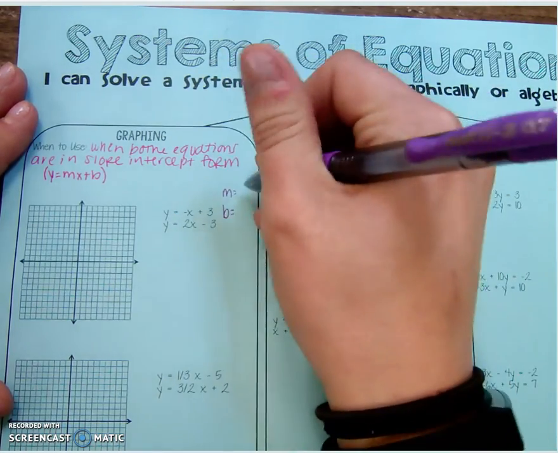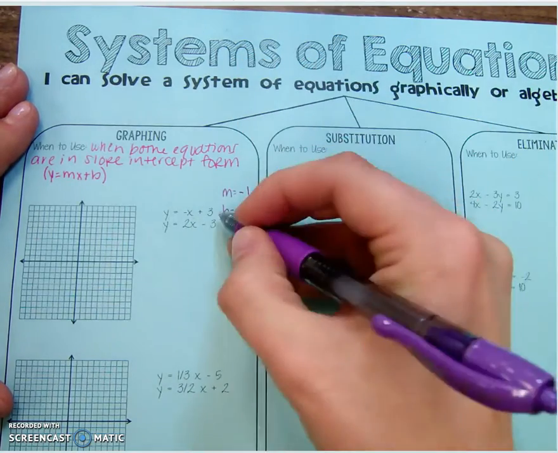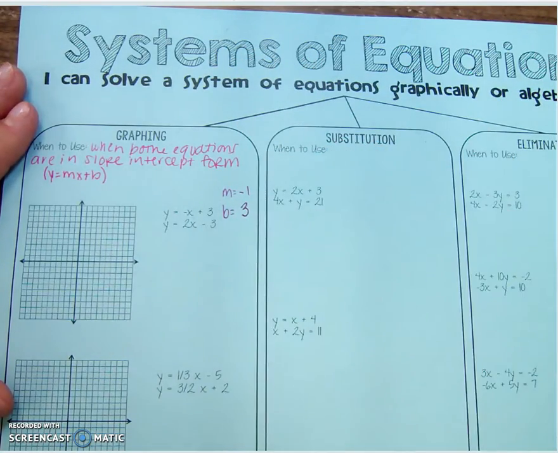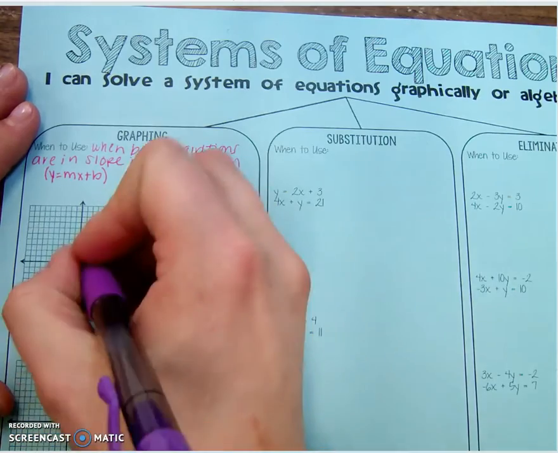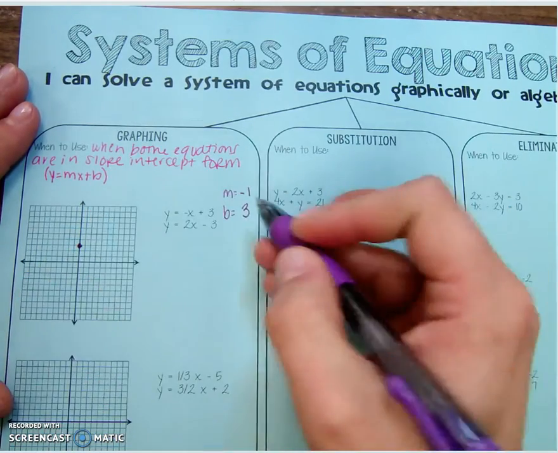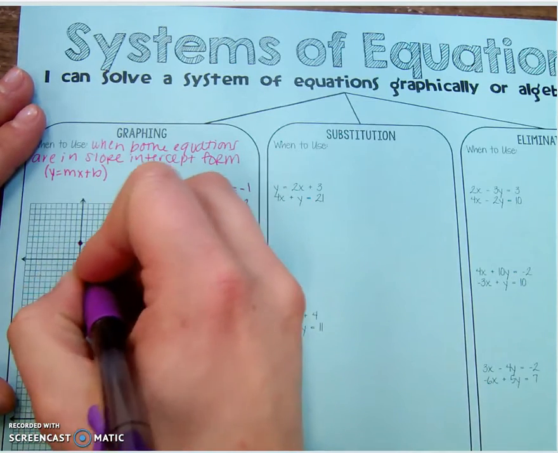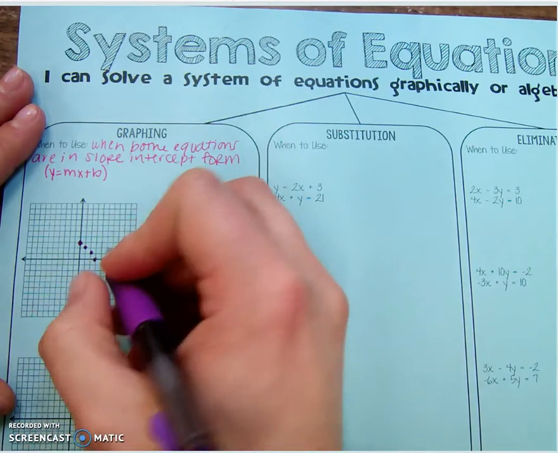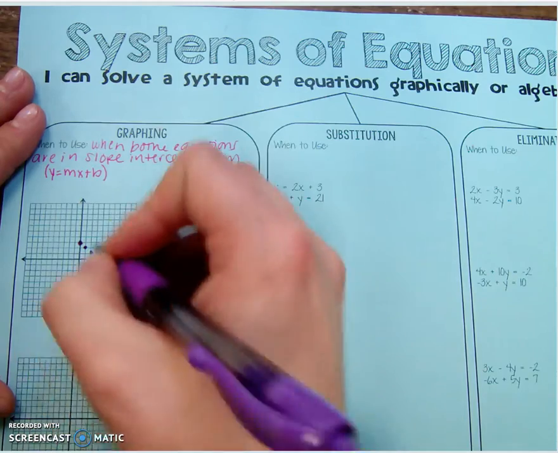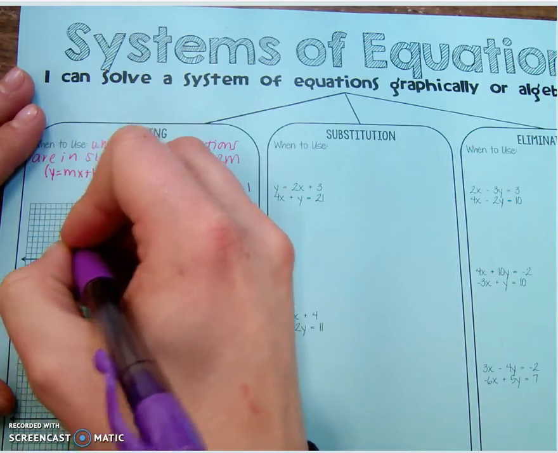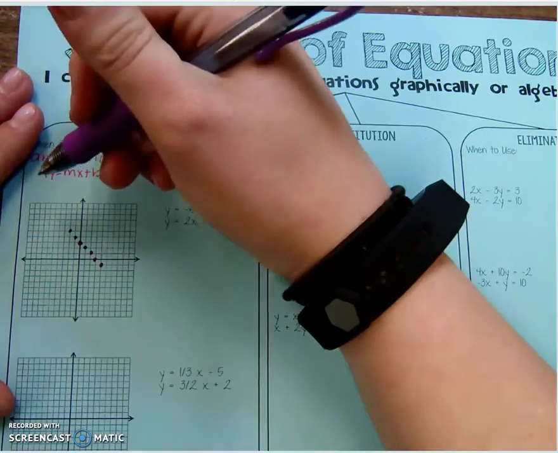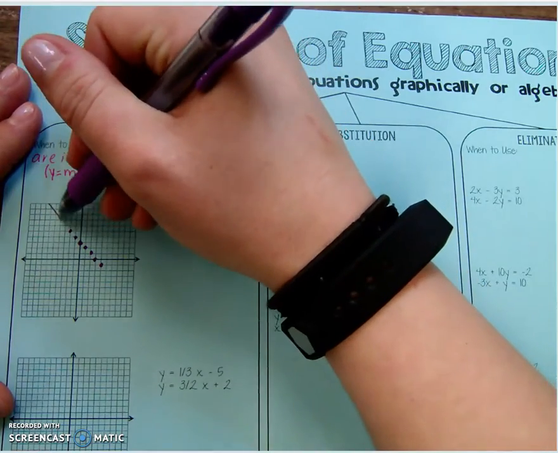Our slope in the first equation is -1, and the intercept is 3. So let's start there. Start at 3. Follow the slope. Slope is negative, so I'm going to go down 1, right 1, down 1, right 1, and you can continue, or up 1, left 1. It's all the same. Then you can draw your line.